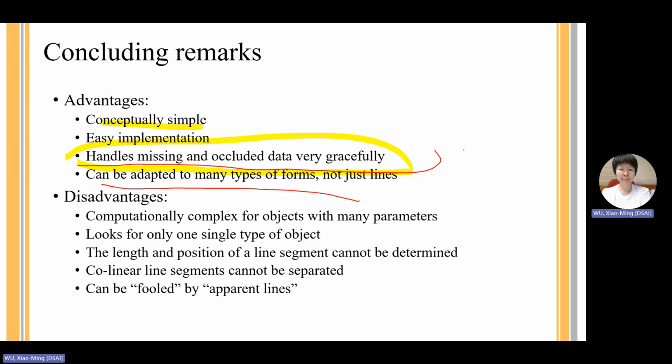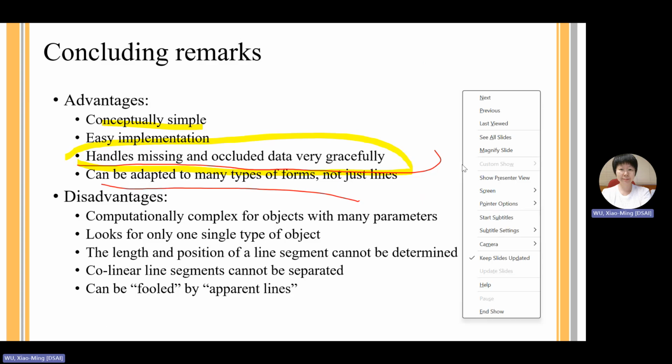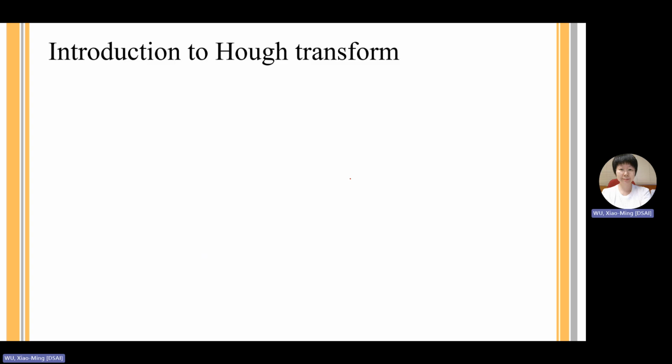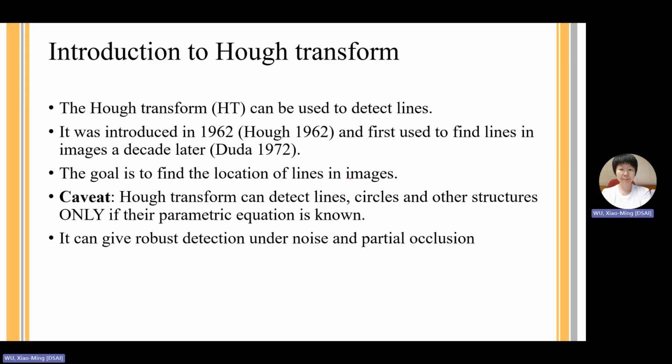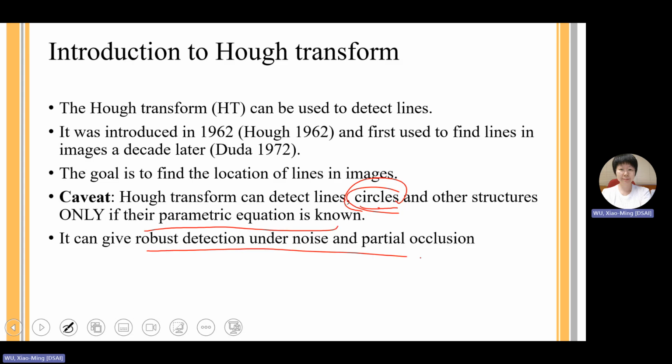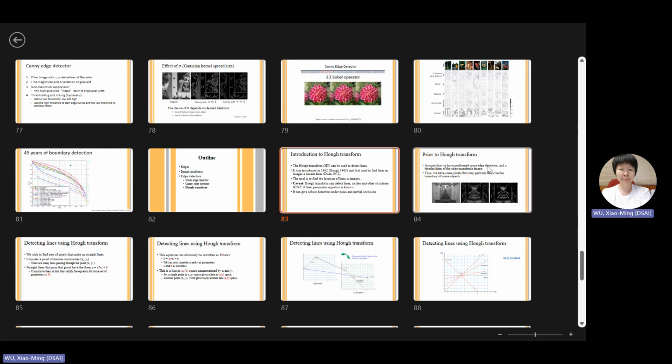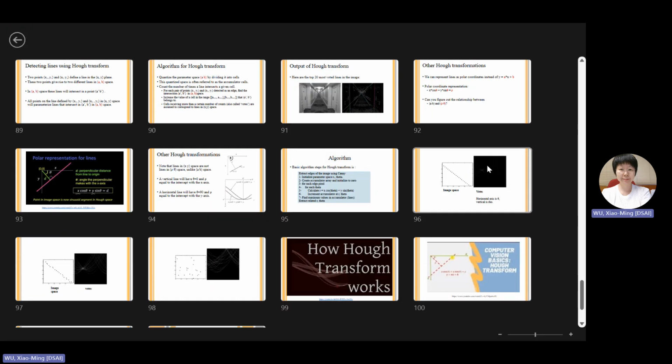The Hough transform can be applied to identify lines, but not only lines. It can also be applied to identify circles, ellipses, as long as these shapes can be parameterized. So it can be applied to arbitrary shapes that can be parameterized.